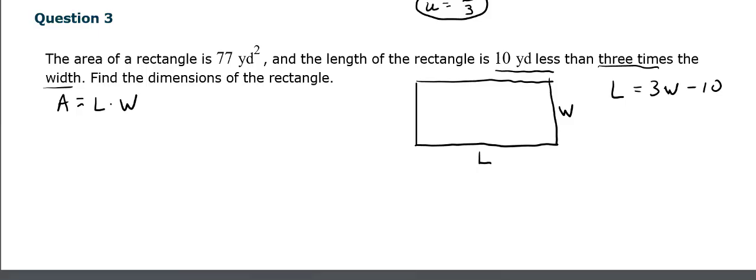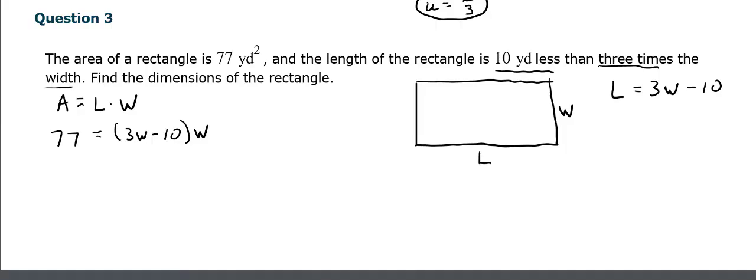So now, let's go ahead and fill in the values for our formula. So area, which is 77, equals the length, which is now 3W minus 10 times the width.